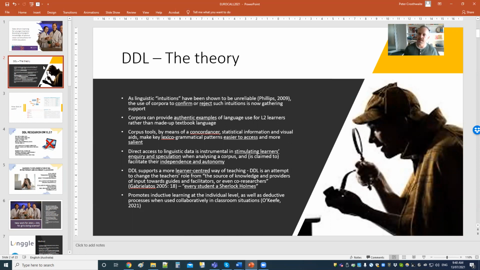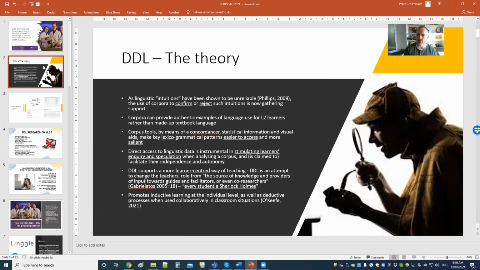And the idea is that if there is a question that needs to be answered about language, students consult a corpus to confirm or reject the intuitions they might have, to form hypotheses about language in use, to confirm those hypotheses and to reject them.